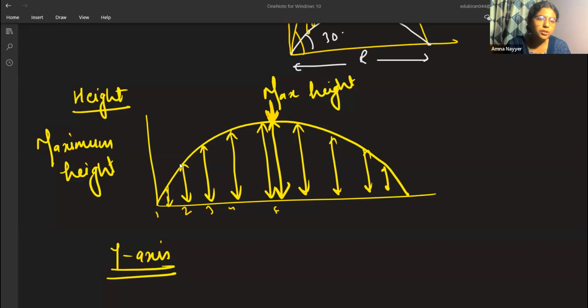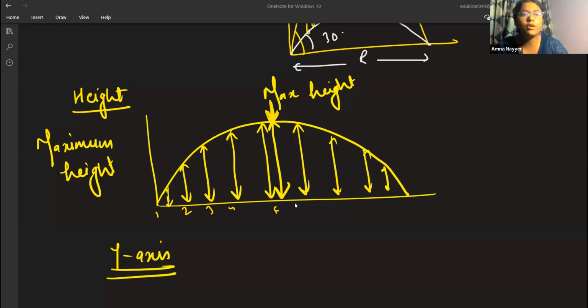At point 2, the projectile has covered a certain height, and at point 3 also. Out of all these heights, the one which is the highest is known as the maximum height.